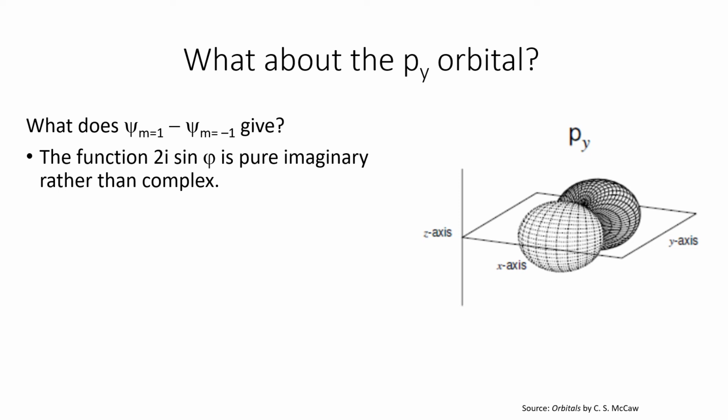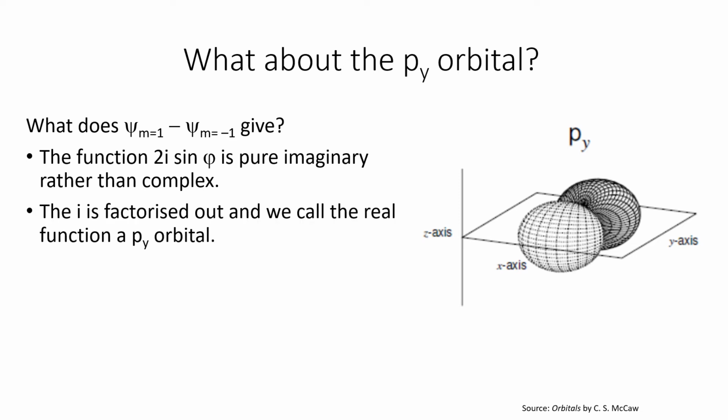So you look at that and you think, oh damn, we've still got that i in there. But actually it's not so much of a problem anymore, because the function is not complex anymore, it's pure imaginary. There's no real part to it. So when it's pure imaginary, that's not such a big deal, because we can just factorize the i out and just consider the real function.